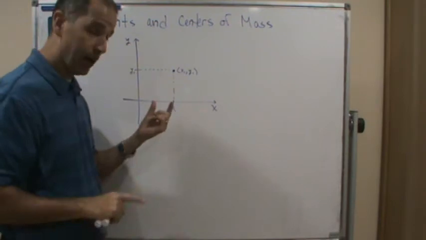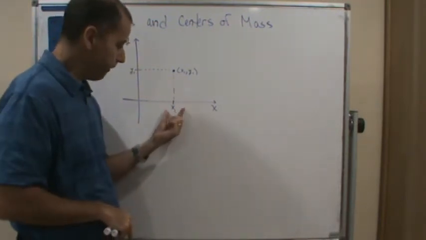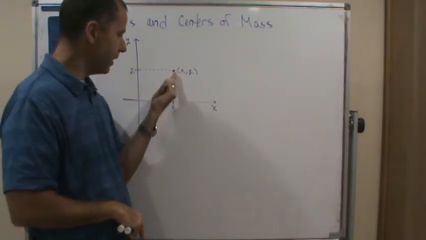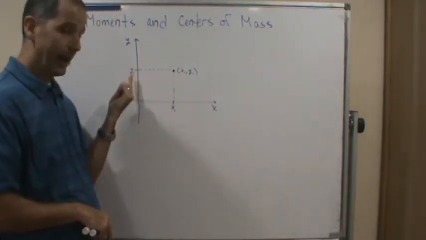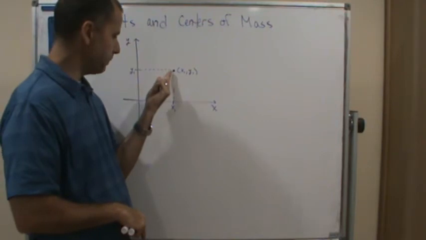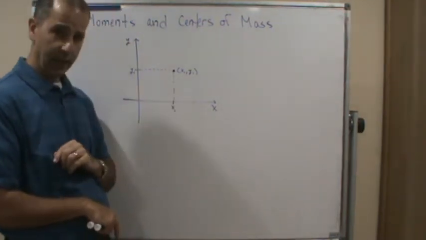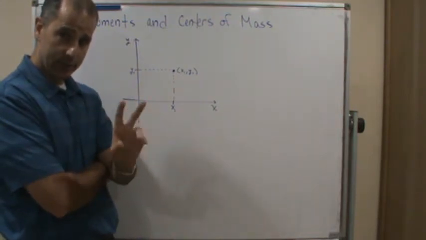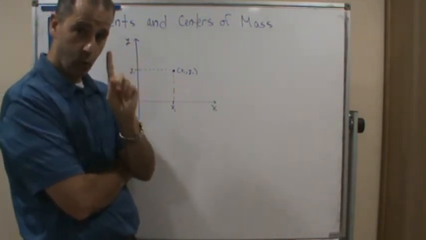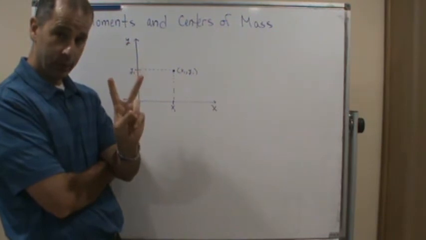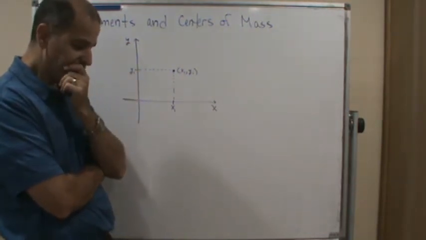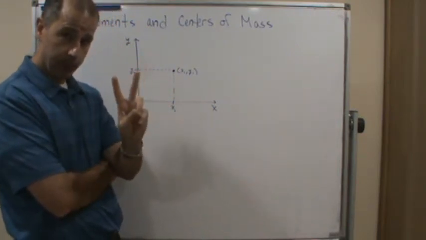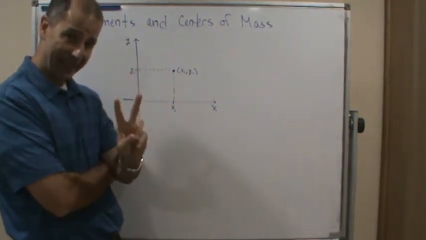So instead of talking about how far the x value is from the origin, now we're going to say, how far is this point from the y-axis, and how far is this point from the x-axis? And so we're going to define our moments. Now we're going to be dealing with two moments: one moment with respect to the y-axis, the other moment with respect to the x-axis.